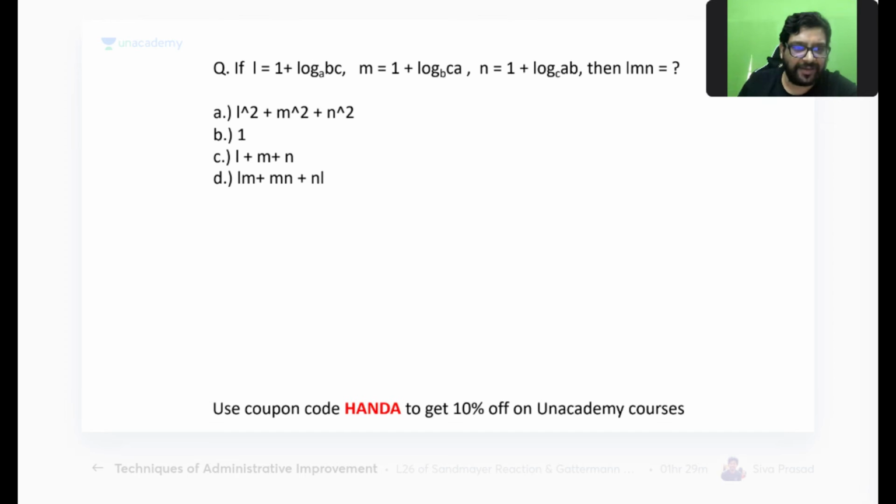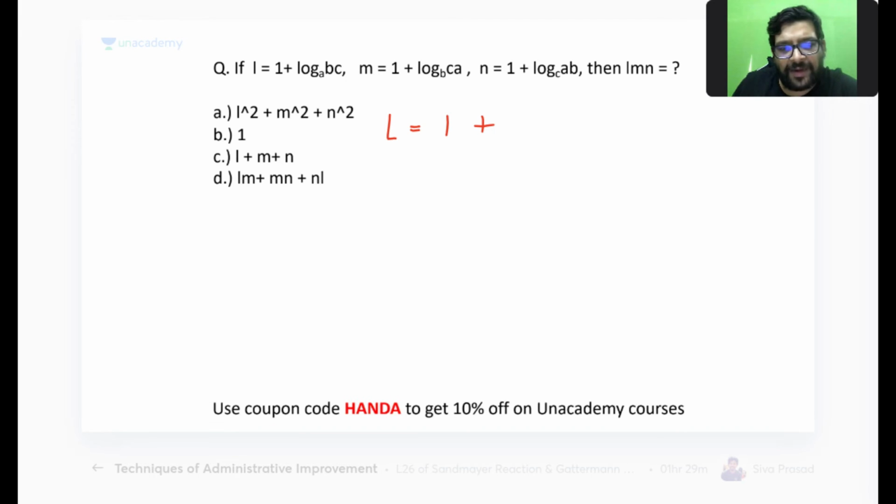Any ideas or suggestions? How do you start with these? Okay. Log BC by log A. Let's see.